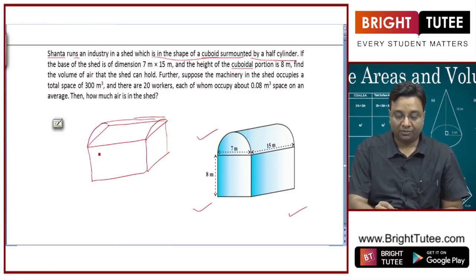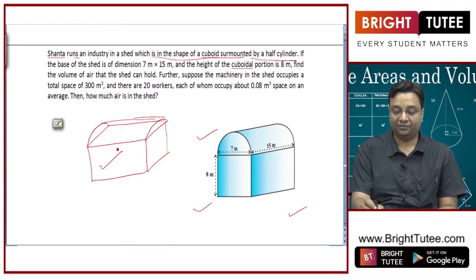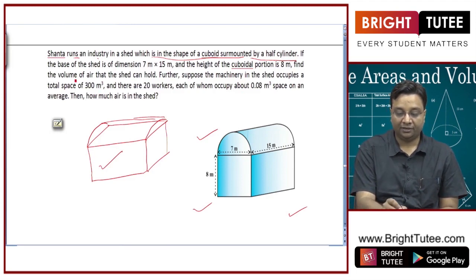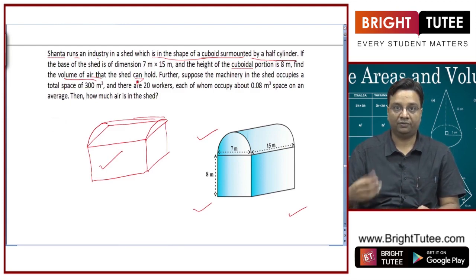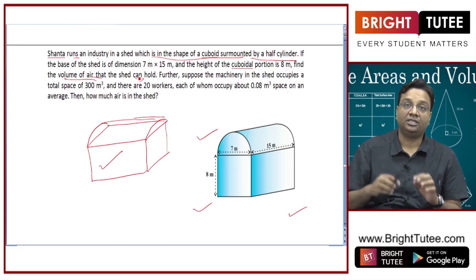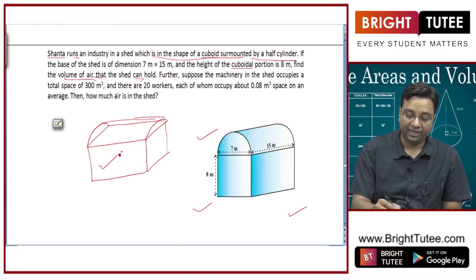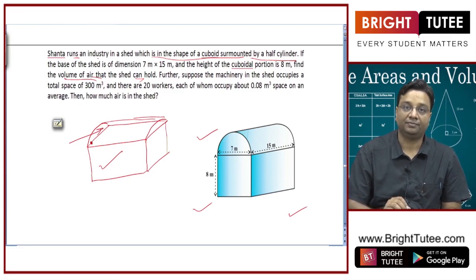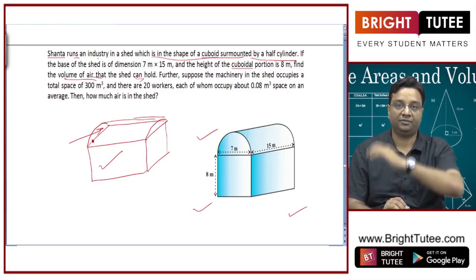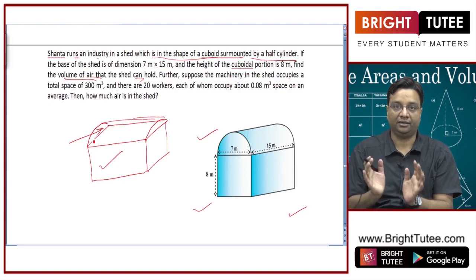Now what will be the volume of this shed? We need to calculate the volume of air that this shed can hold. So whatever the capacity of this shed is, we need to calculate. What is the capacity? It is the combination of the volume of this cuboid and this half cylinder. This is the space where the air can come.